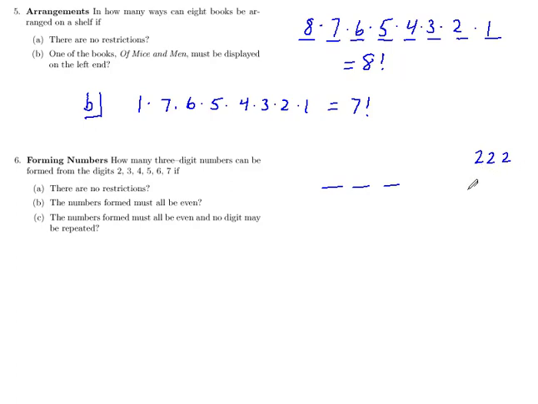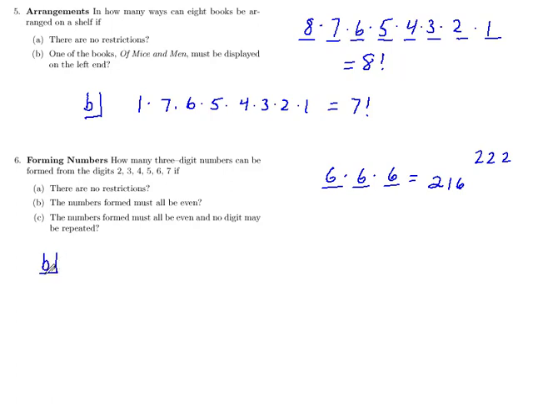So with numbers, when you say no restrictions, that means you can have repeats. So we have 1, 2, 3, 4, 5, 6 numbers that we're picking from. The first digit has 6 choices, the second digit has 6 choices, and the third digit has 6 choices. If we multiply that out, we get an answer of 216.